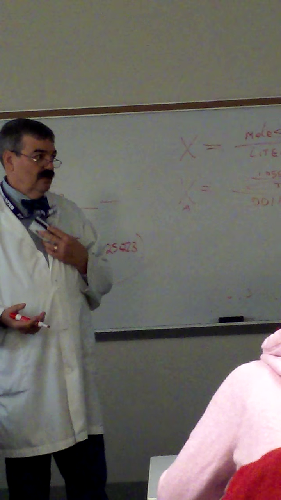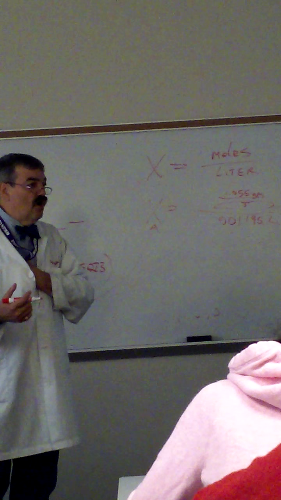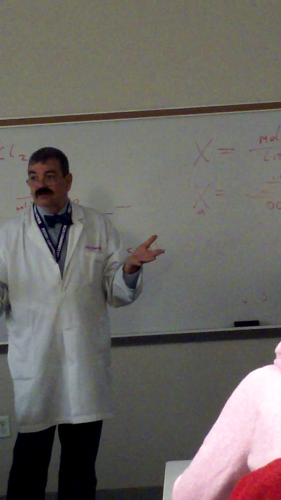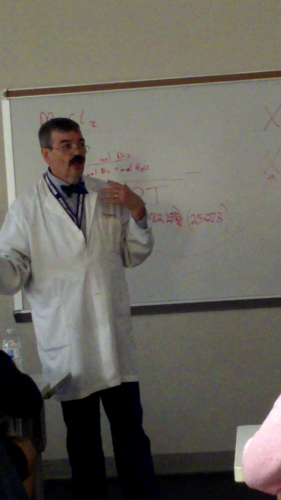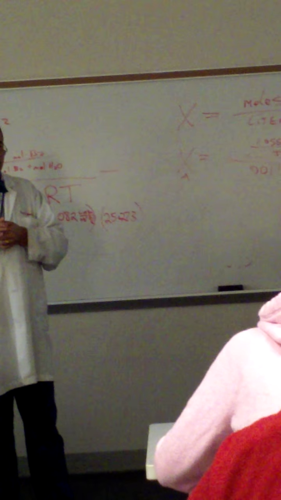So what's the answer going to be? It's going to be in moles? No, it's going to be in grams per mole, units of formula weight. I'm trying to figure out how everything crosses out, where you end up with grams per mole.